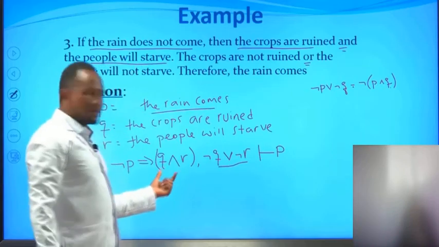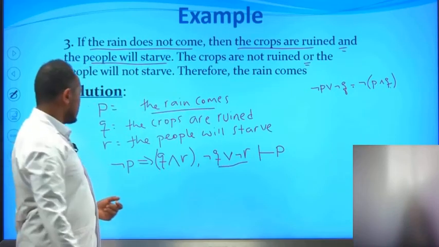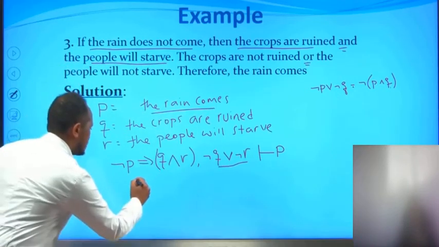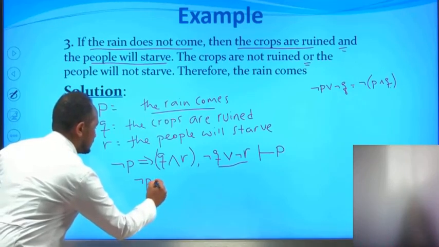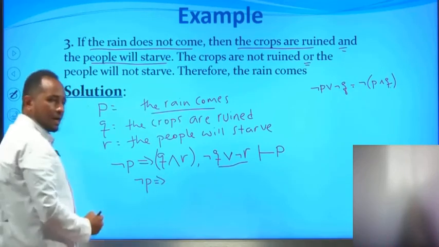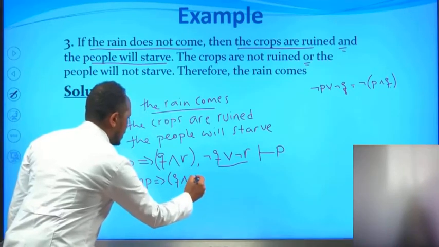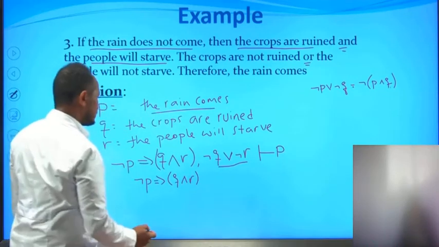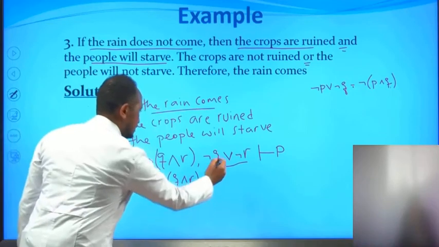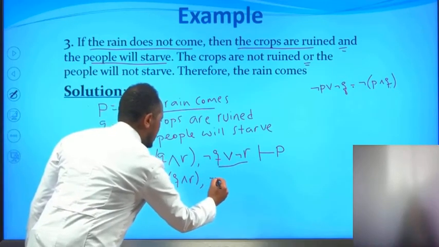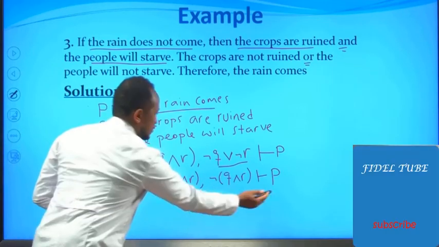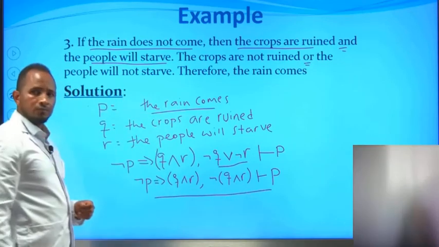Therefore, let me write this in another form: negation of P implies Q and R. Let me write this one in this form. Negation of Q, we have this argument form.